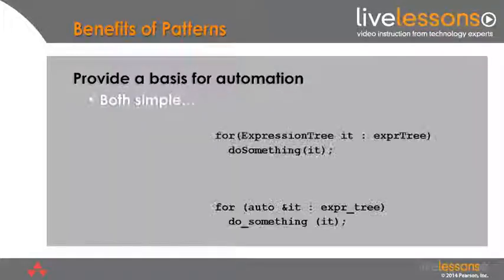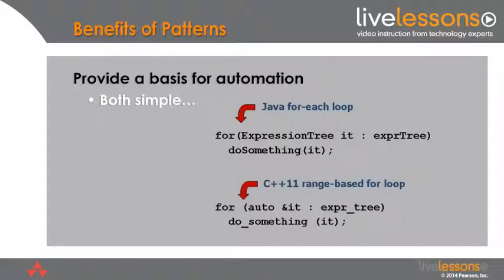For example, you can think about the way that C++ and Java and other object-oriented languages have essentially automated the iterator pattern in the form of various kinds of loops, the range-based for loop in C++, the Java for each loop, and so on. So that's an example of providing basis for automation in a relatively simple way.